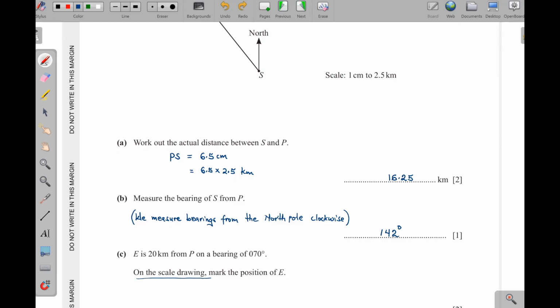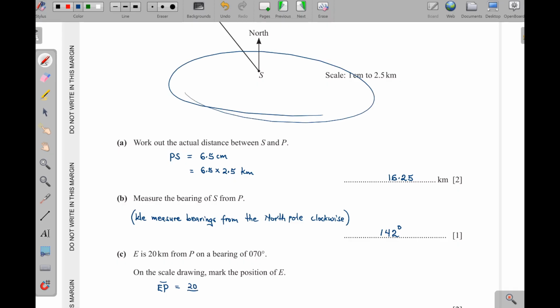So on the scale drawing, mark the position of E. So we need that position EP. If it is 20 kilometers, then since on this diagram we are using centimeters, we have to divide through by this 2.5 kilometers. In a 10, we have 4 2.5, so this one will be 8 centimeters.